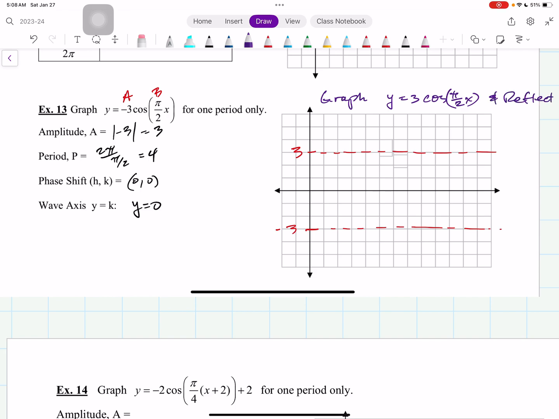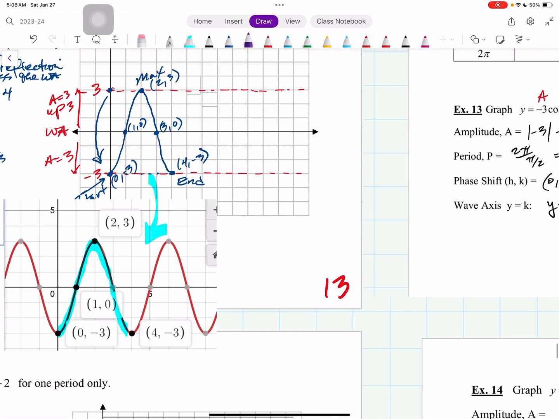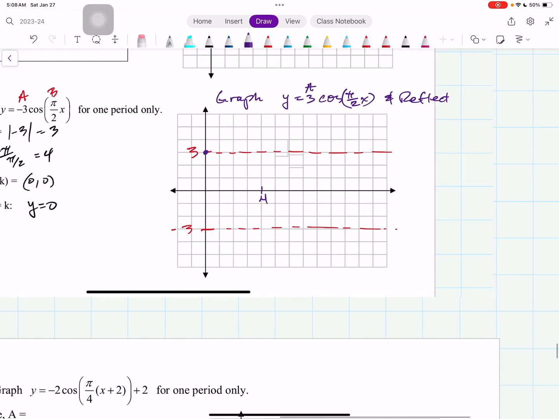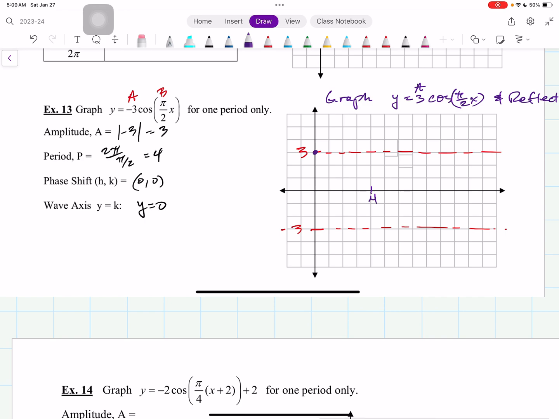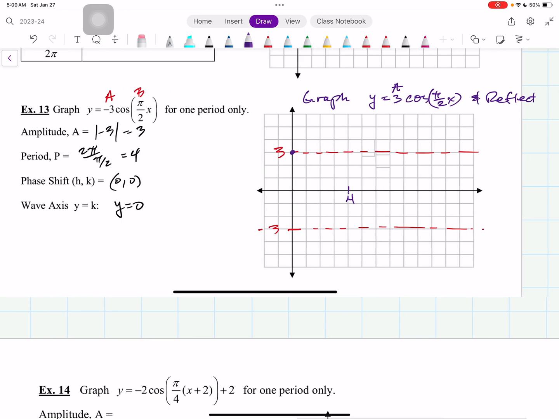Okay, so here we go. We're going to start off with the amplitude at 3. So this one starts at 3 right here. I'm going to go out 4 units and mark it here, just like I did over here. Then I'm going to graph this function, and then reflect each point.